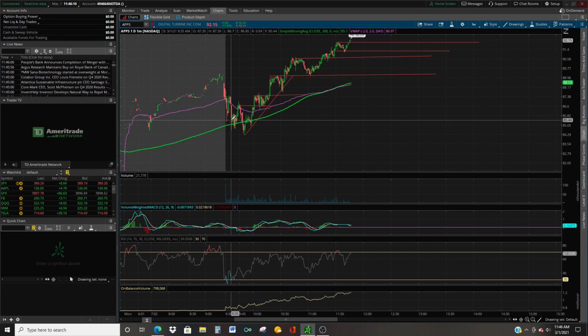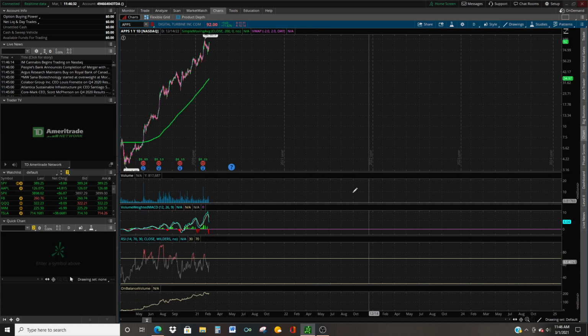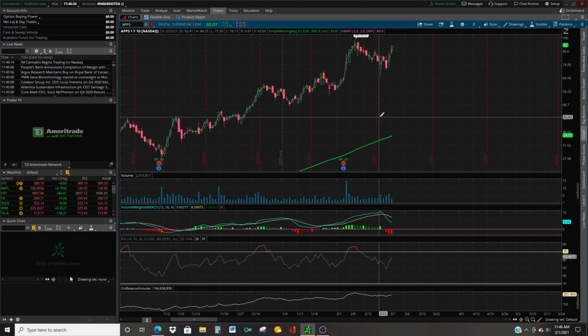I don't know how many trades in a row this has happened, where I've had a small winner, but I could have made so much more. This is $50 on a 100 share position, but that's not ideal. The way I look at stocks is I look at the daily and see how much range is in the daily.